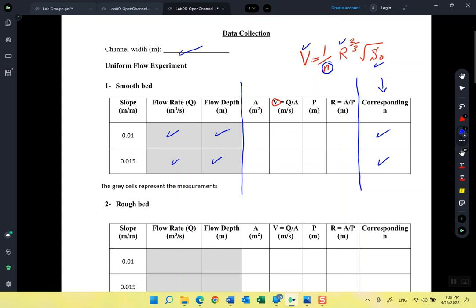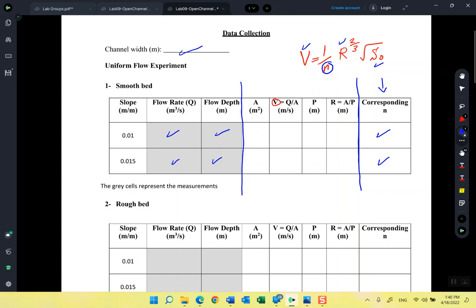So if you are dealing with an ideal situation, the first Manning coefficient should be exactly the same as the second Manning coefficient, right? But actually this is not the case that we are dealing with. So in our case, the first n will be different than the second n. And there is a reason for this. So can anyone explain this for me?